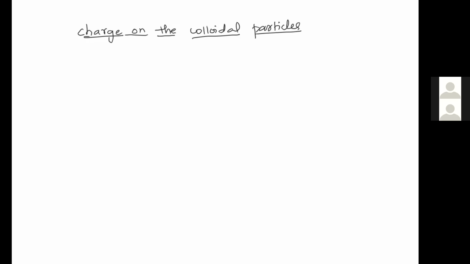Whatever positive or negative charge is present is due to preferential adsorption. Obviously, because preferential adsorption means everything cannot undergo adsorption.